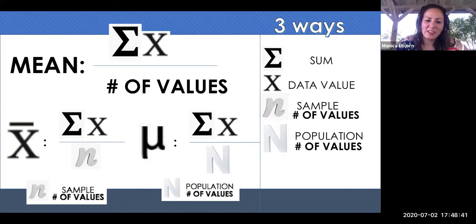It's kind of like a weird cow sound that says mew. I'll try to make a cow sound. Pretty good, right? So far, you have three means: either for the sample, for the population, or just a regular mean.